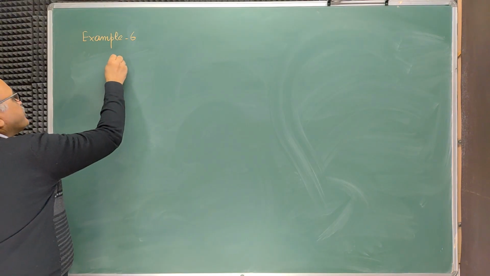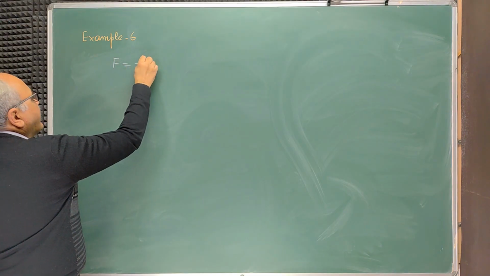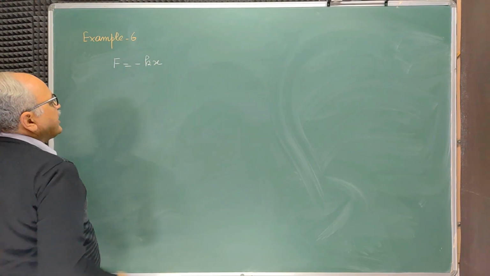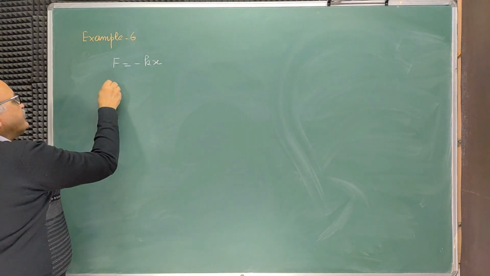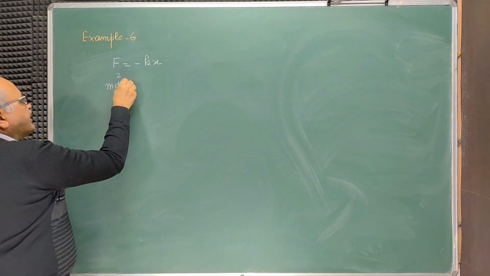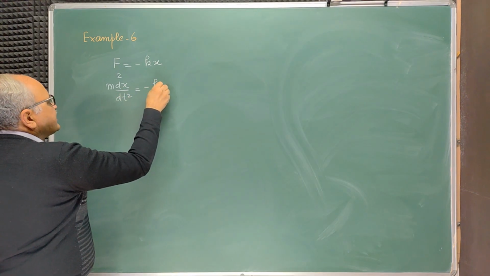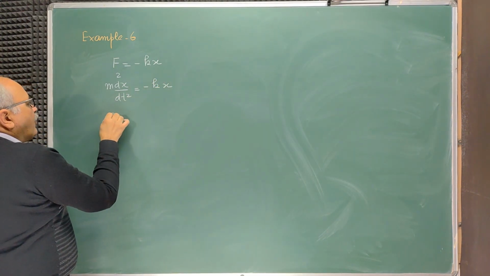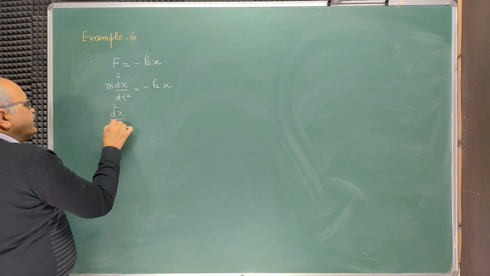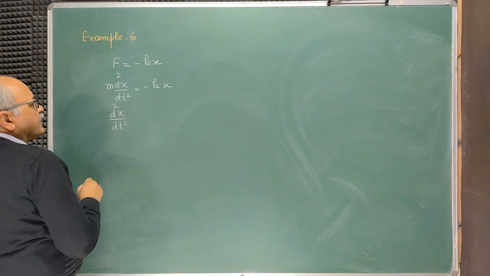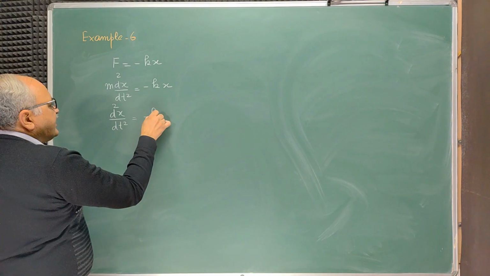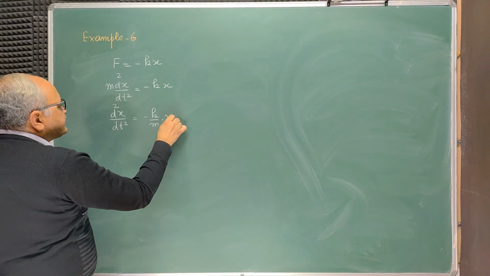The starting equation was F equals minus kx for the simple harmonic oscillator, which is m d square x over dt square equals minus kx, or we can write d square x over dt square is equal to minus k by m x.